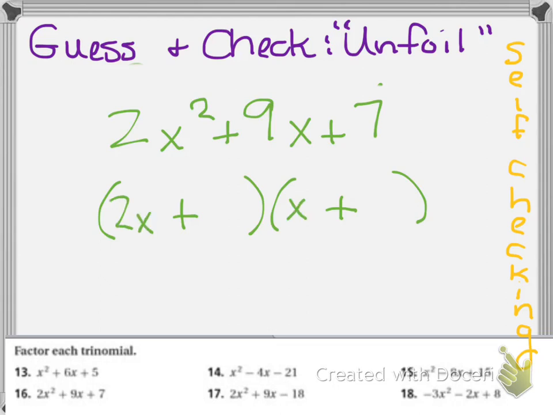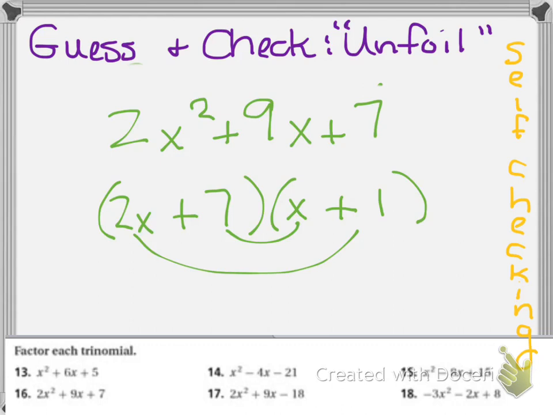All right. Now I have to get a 7. My only options are 1 and 7. Do I want to do 1 and 7 or then 7 and then 1? What should I try first? Do I want to go 1, 7 or 7, 1? 7, 1, because I'm looking for a combination of my outside, inside of 9.